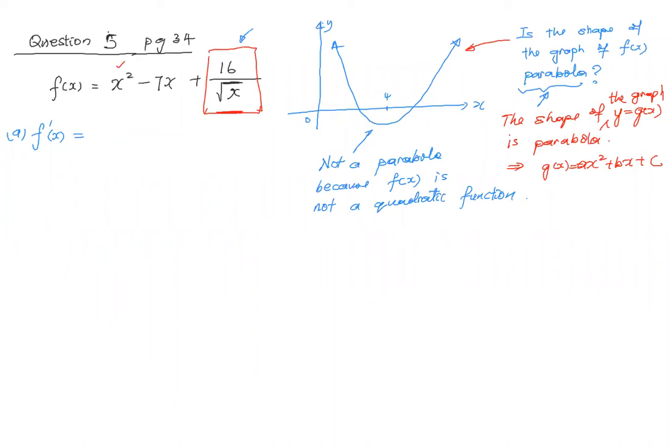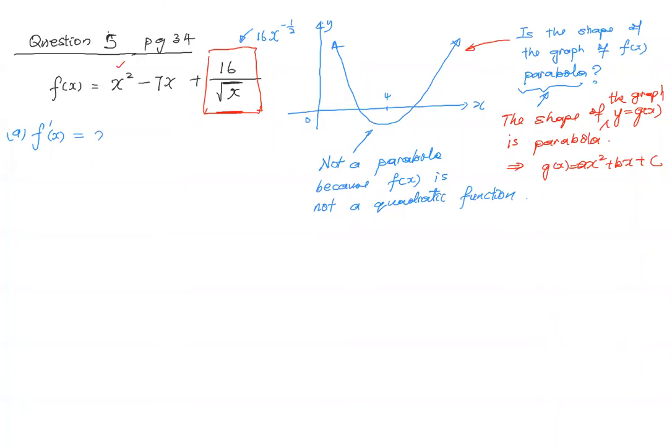You see, say easy, you simplify for me. x squared minus 7x plus 16, bracket, x to the power of -1/2. Now how to give me the f prime x?